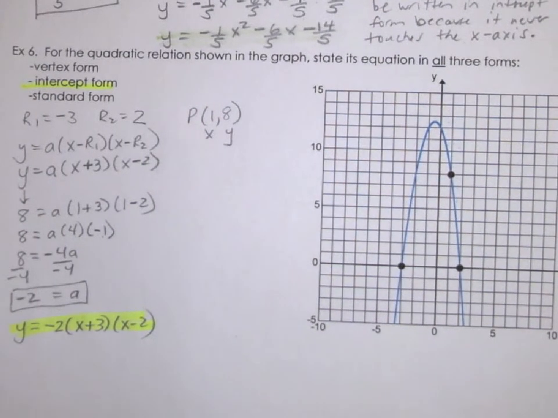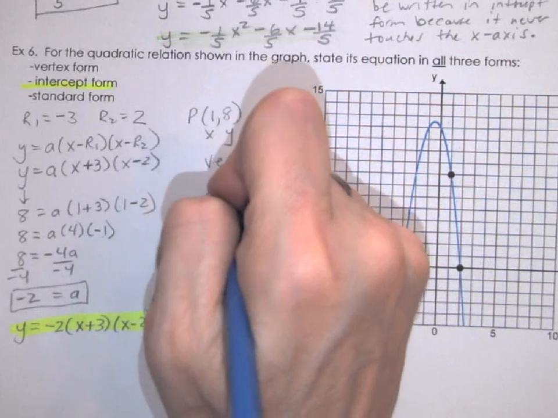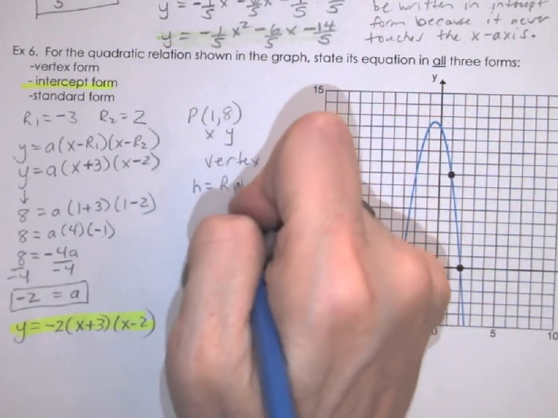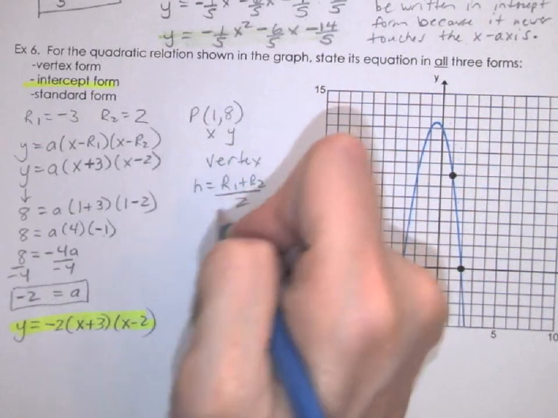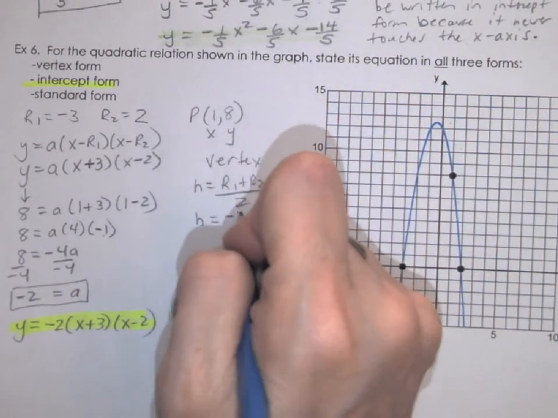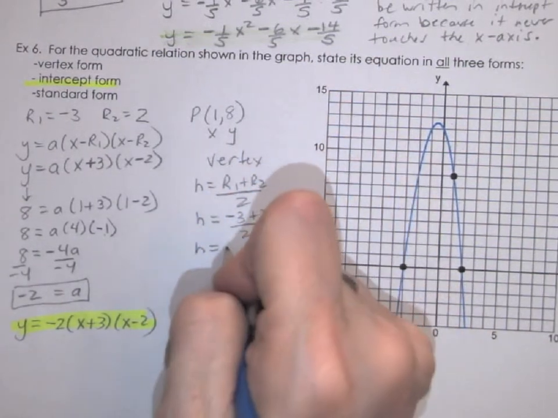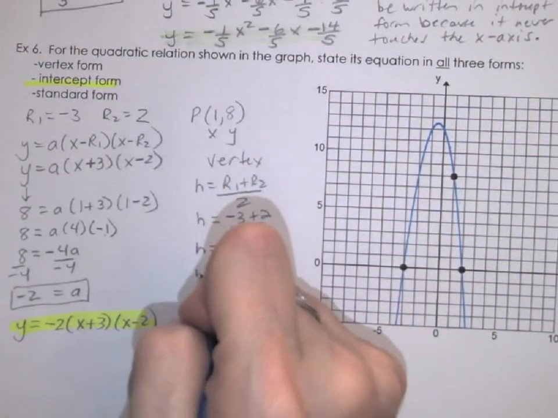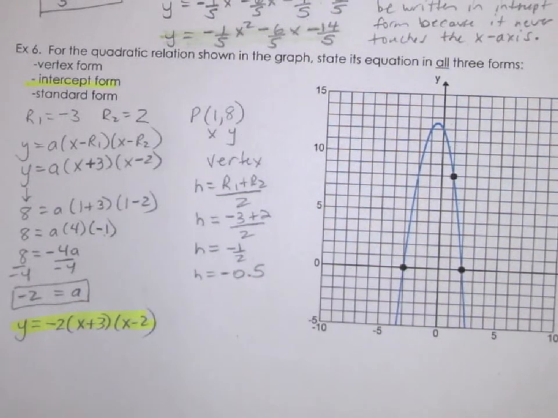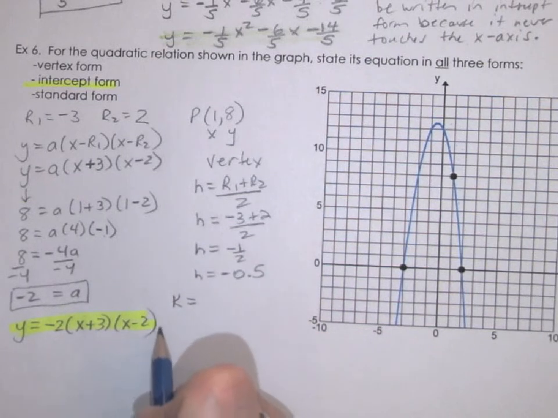Once we know our intercepts, we can figure out our vertex using calculations. So the vertex h coordinate can be found by adding the intercepts together and dividing by 2. So that's going to be negative 3 plus 2 divided by 2, which is negative 1 divided by 2, or negative 0.5. And then k can be found by substituting into the intercept form.